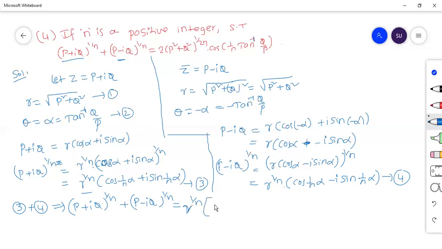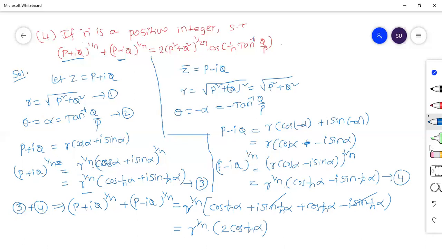Then write the remaining parts: cos (1 by n) alpha plus i sin (1 by n) alpha plus cos (1 by n) alpha minus i sin (1 by n) alpha. Now these two terms cancel. r power 1 by n into cos (1 by n) alpha plus cos (1 by n) alpha is 2 cos (1 by n) alpha. Correct?